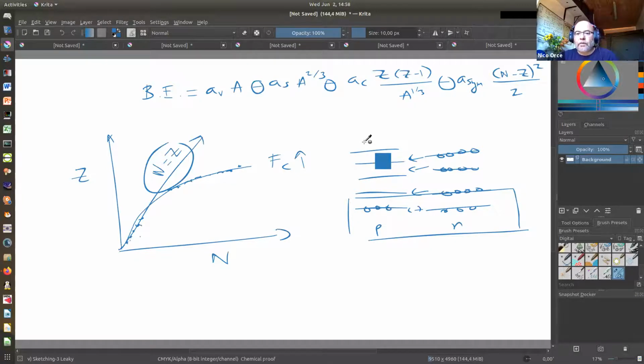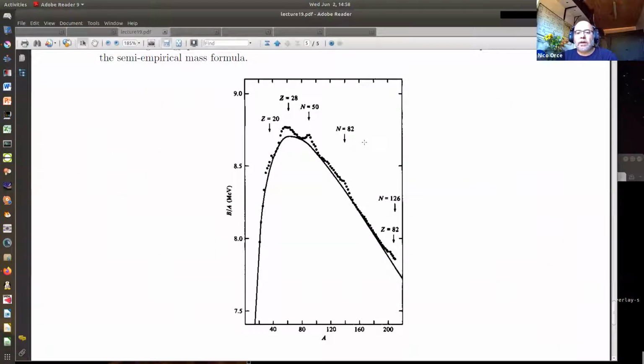So now, this is the phenomenon that we see here, right? As you go up, you reach a maximum where fusion energy is a release of energy, and from a certain moment, this comes down.